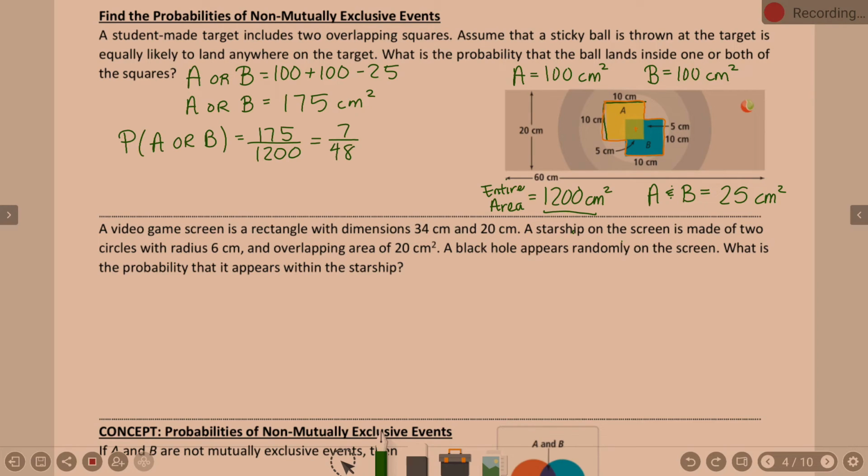Now, if I'm remembering correctly, this type of problem is going to ask you to express your answer as a percent rounded to the nearest whole number, or whole percent. If we're doing a percent, what do we have to do? First of all, divide 7 by 48 and get that decimal.